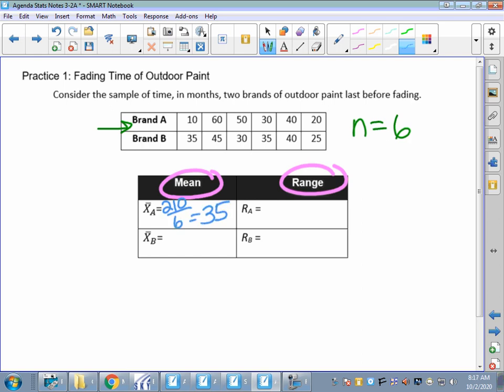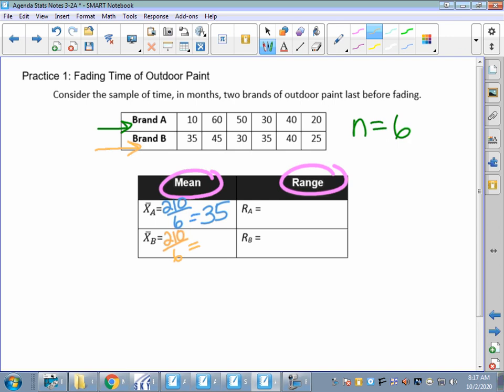So our average or our mean time before fading is 35 months. I mean, that's nearly 3 years. That's pretty good. So you'd have to repaint every 3 years. If we figure out our X bar, or our mean for brand B, we're going to do the same thing. We're going to add up all our values, and I'm pretty sure that one also adds up to 210.